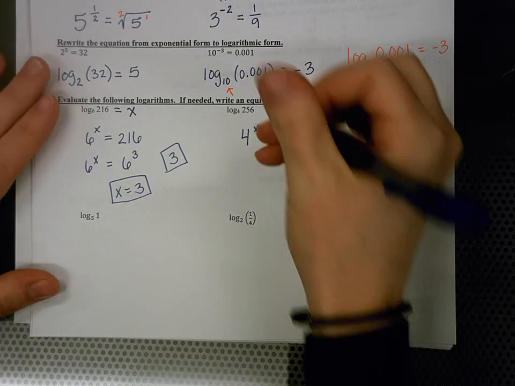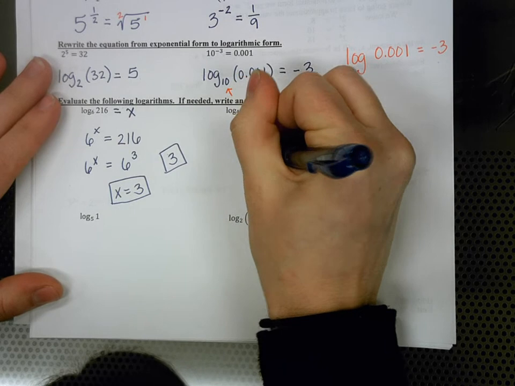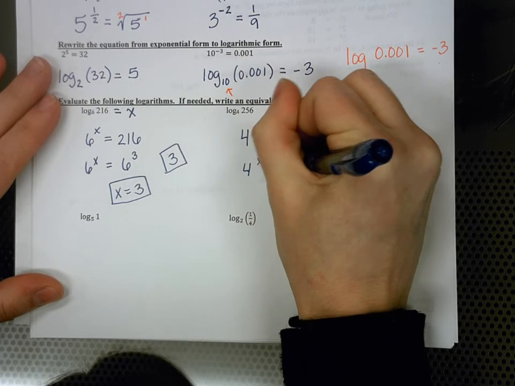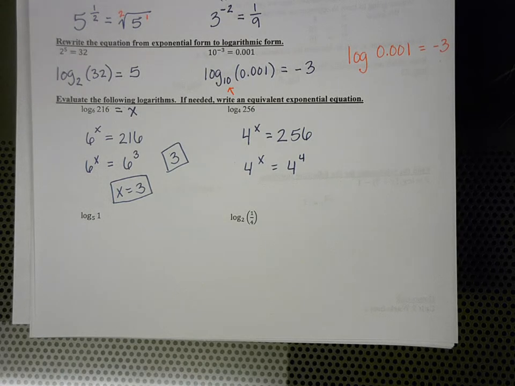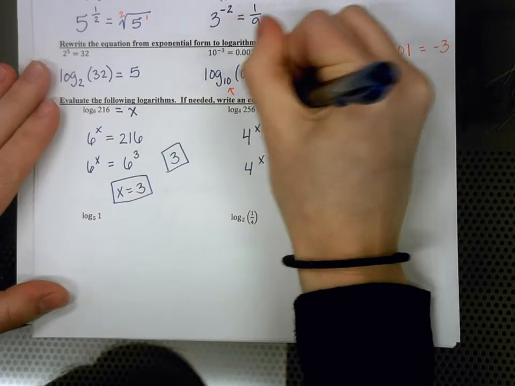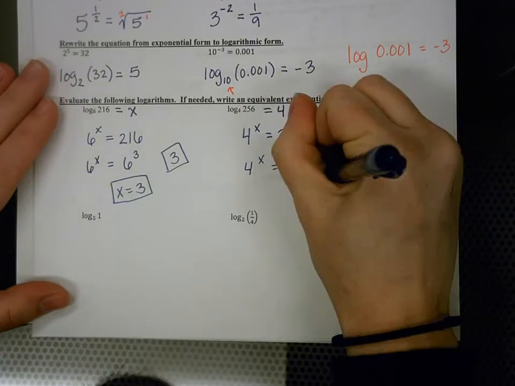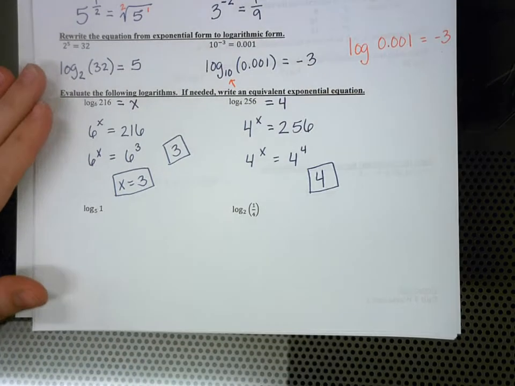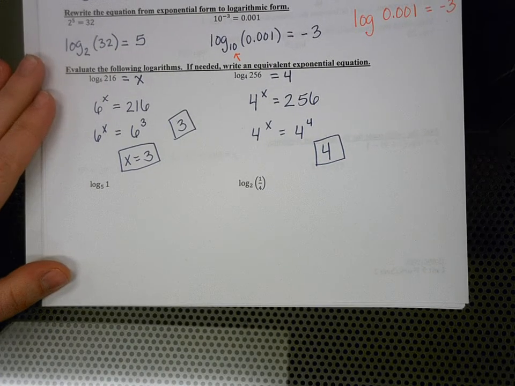You should get 4 to the fourth power equals 256. So this answer is 4. Okay. You can write x equals 4. You can just write log base 4 of 256 is 4.